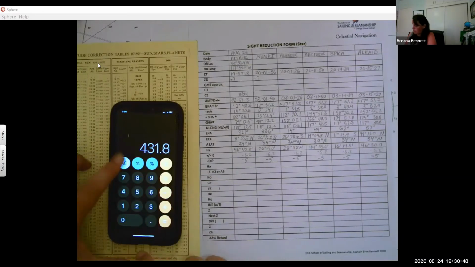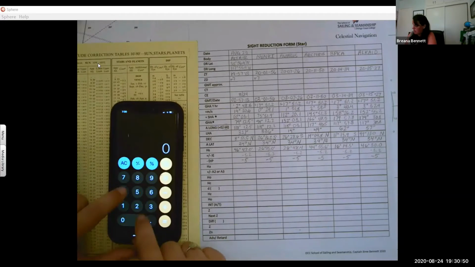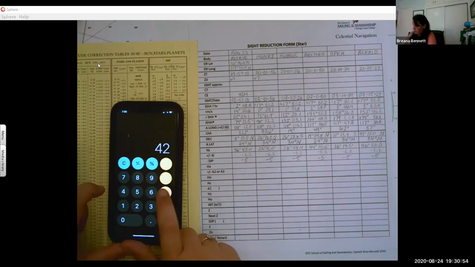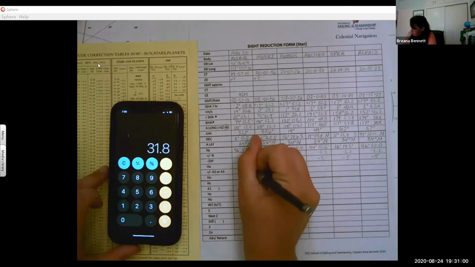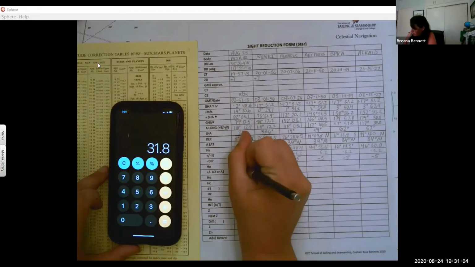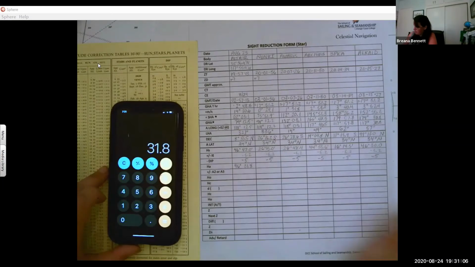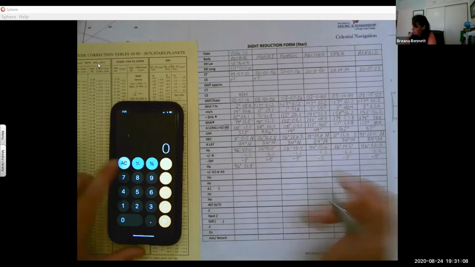That's a strange number. Let's try that again. 42 minus 5.2 minus 5. That's better. 31.8, 46 degrees. Okay.